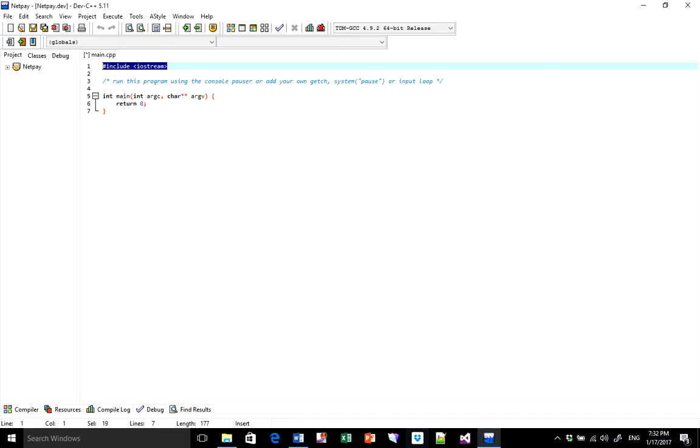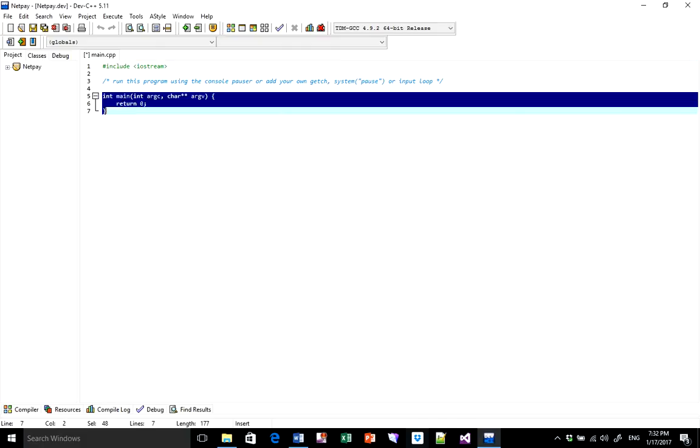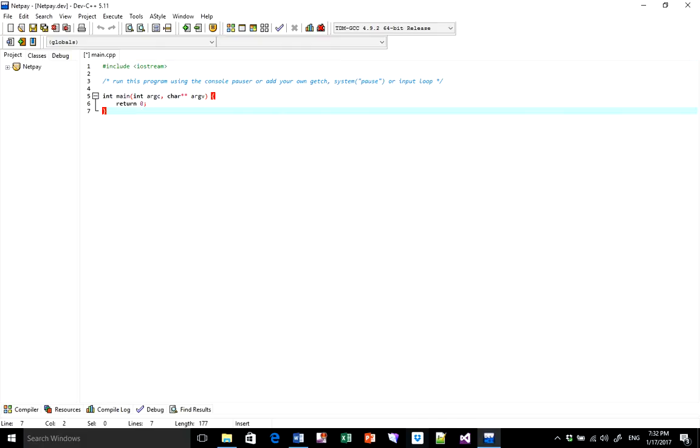I don't know if that's been explained to you guys. I don't have to explain it line by line, but this is the basic main module on a C++ application.